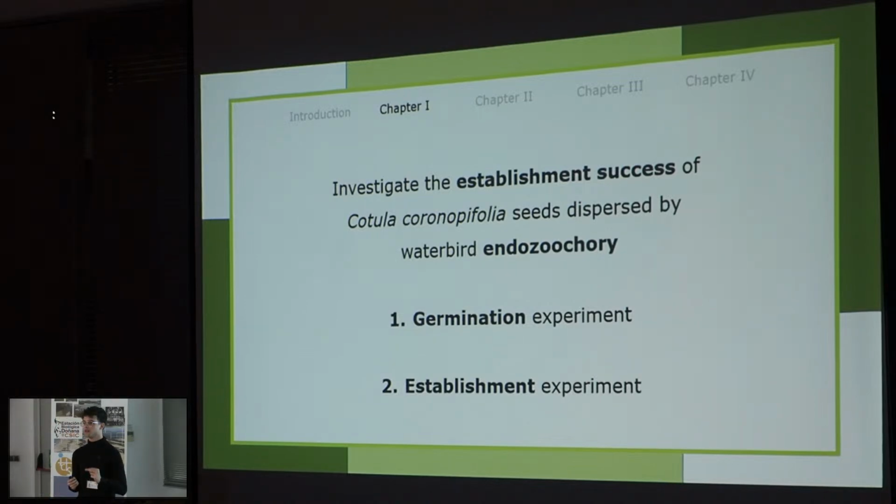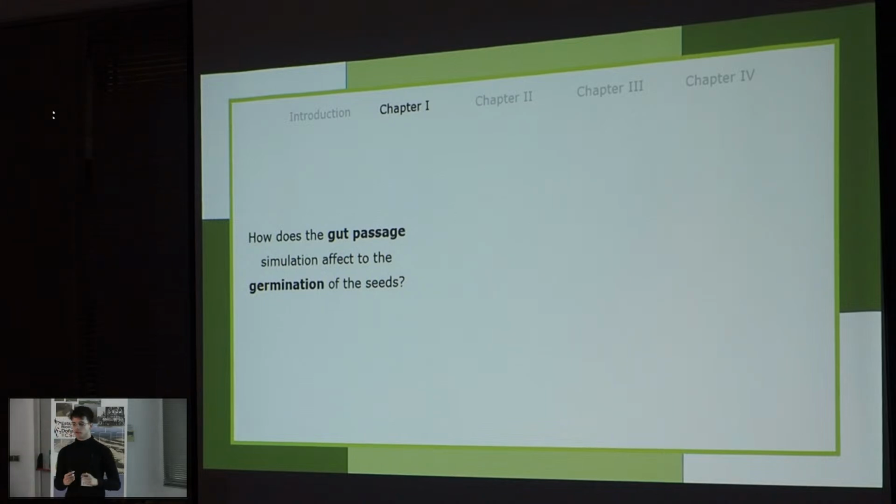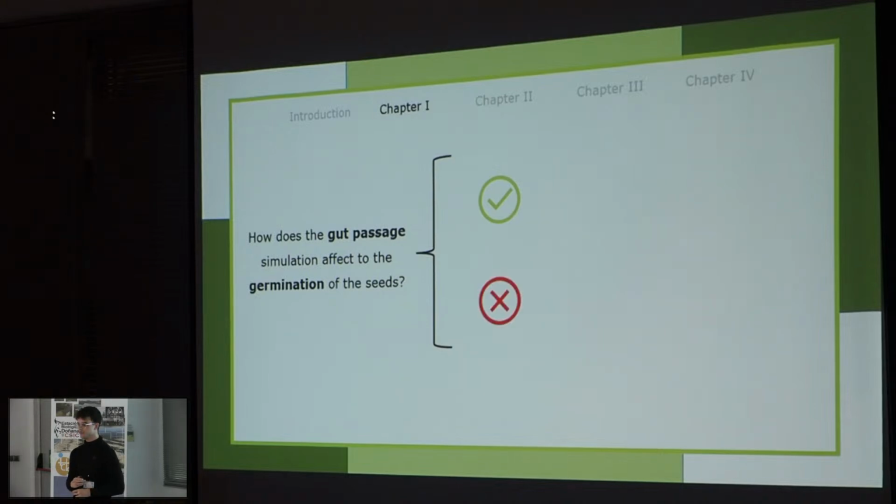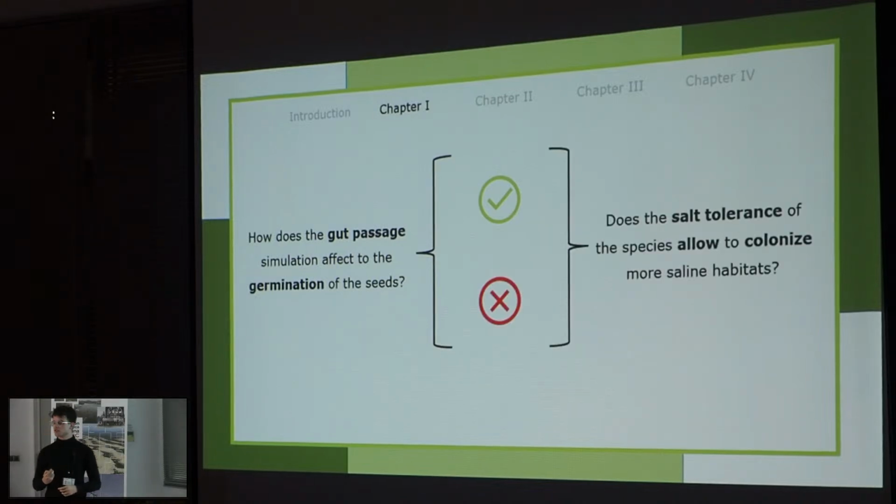We have divided it into two experiments, a germination and an establishment experiment. For the germination experiment, we ask mainly two questions. How does the gut passage simulation affect the germination of the seeds, positively or negatively? And does the salt tolerance of the species allow it to colonize more saline habitats?